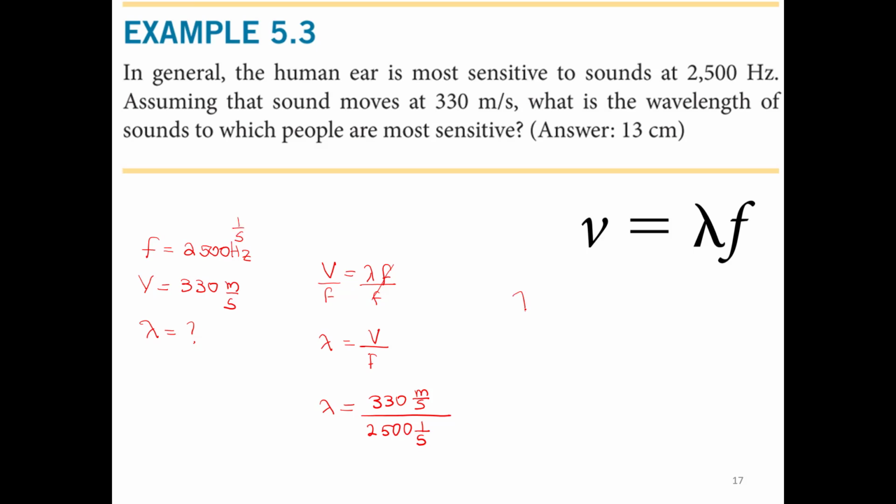And now let's divide these numbers and we will get about 0.13. Let's check the units. We expected meters, yes, meters per second. And now we flip this one. 1/second is in the denominator, then it is a division. Yes, we need to flip this one, and this cancels out. And finally, we have 0.13 meters.